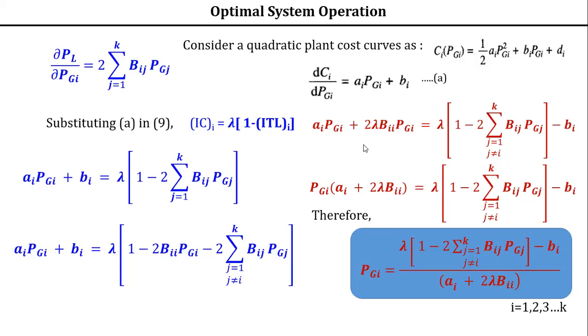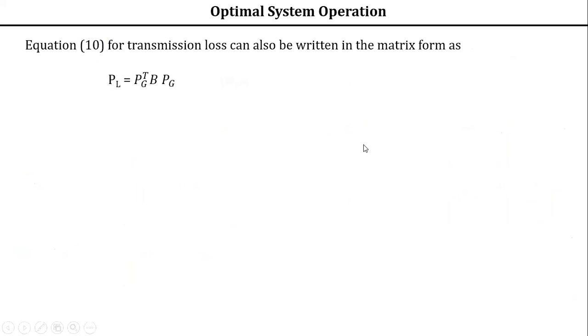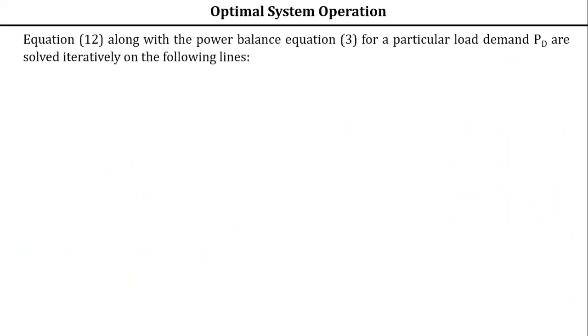Okay, let us continue. So that is equation 12. You have to solve this equation 12 using power balance equation 3. What is the power balance equation? Total generation is equal to total load plus total losses. Understood? Or you can write it as total generation minus total load minus transmission loss equal to 0.